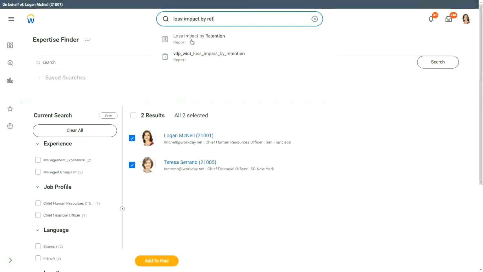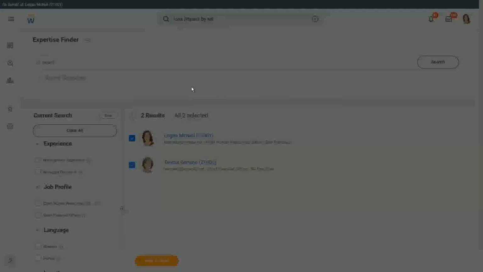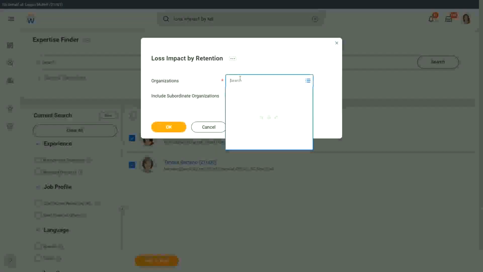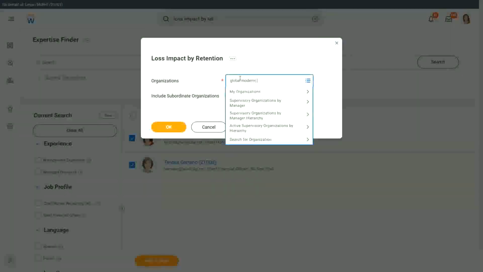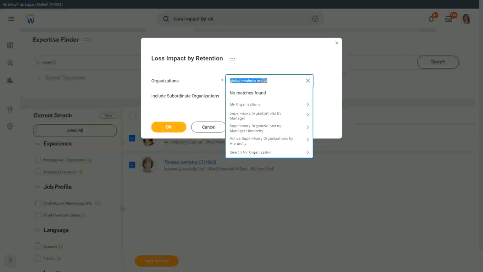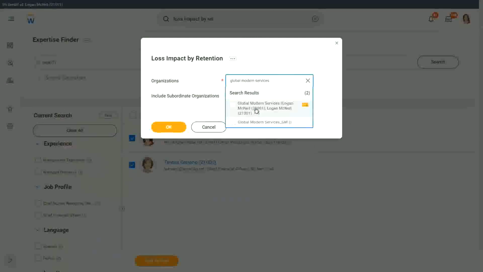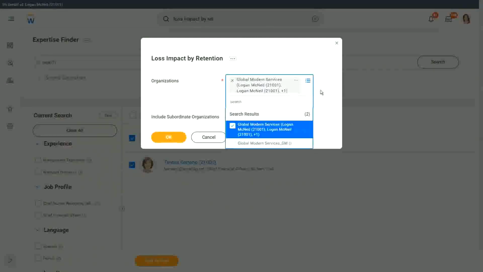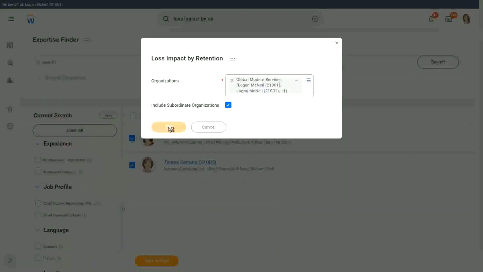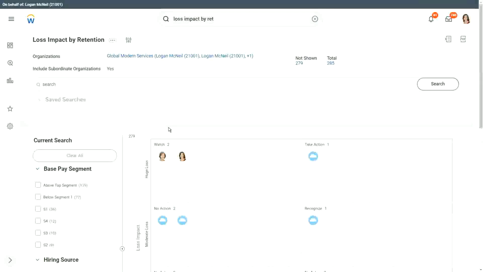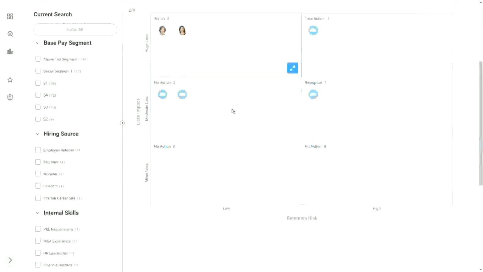Loss impact by retention. I want you to take a look at this. I hope we have some data here, because otherwise it will be very bad. Oh, not shown 279. Why not?